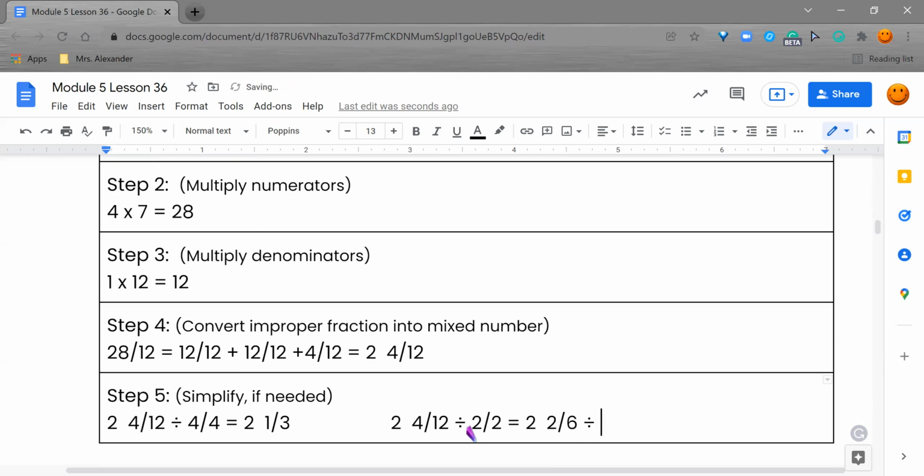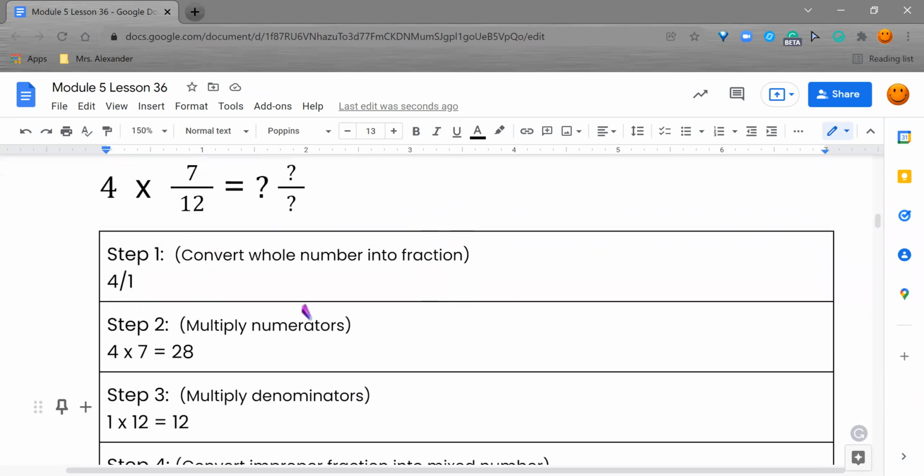So I'll hit Control V and do 2 over 2 again. 2 goes into 2 1 time, and 2 goes into 6 3 times. So either way you do it, you still get the same answer. It depends on how you saw it. So the answer is 2 and 1/3.